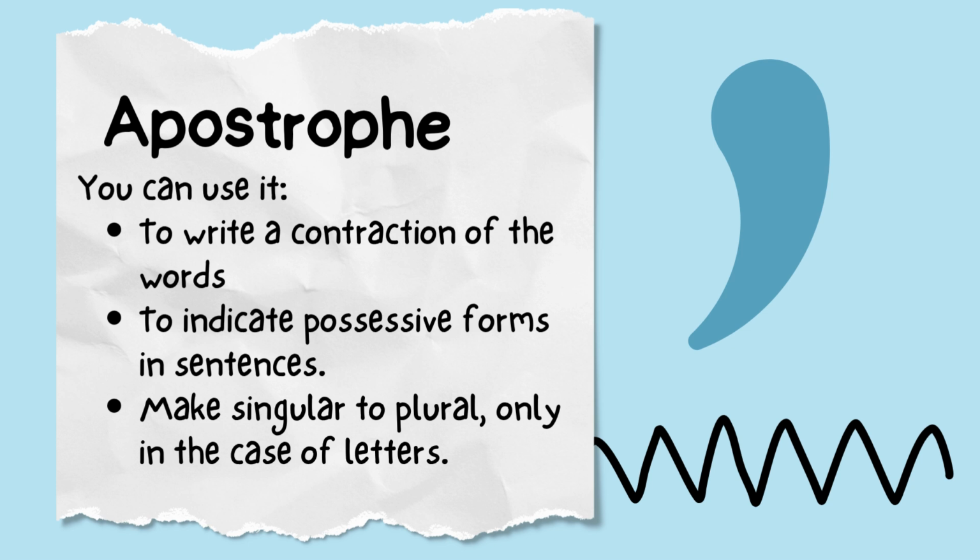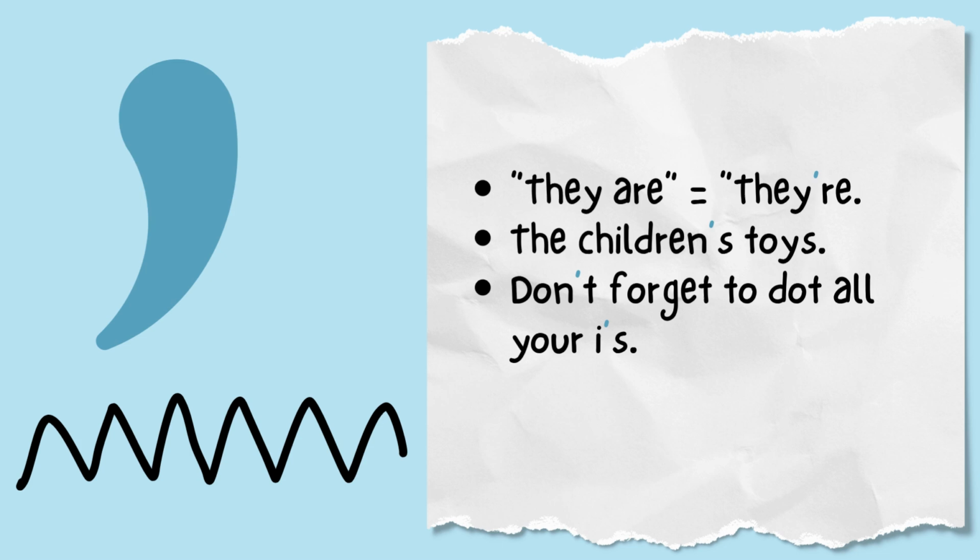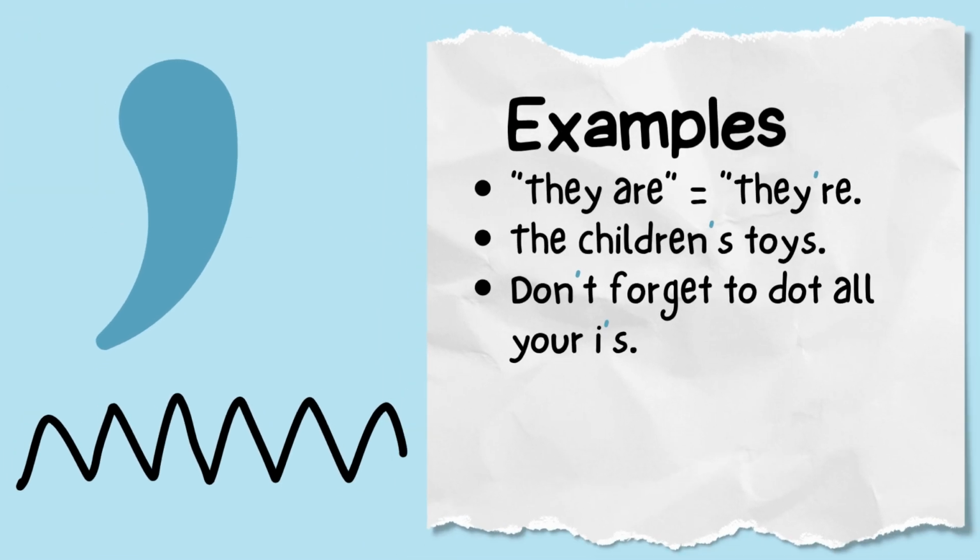Apostrophe. You can use it to write a contraction of words, to indicate possessive form in a sentence, or to make singular into plural, only in the case of letters. For example, they are, there.